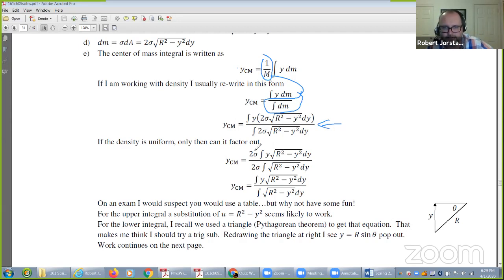Shocking. It's going to factor out right here and here, and then it's going to cancel out. At this point, you could do a trig sub, or you could use the integrals on the equation sheet. I think there is actually one question on your test where I give you an integral table, by the way.